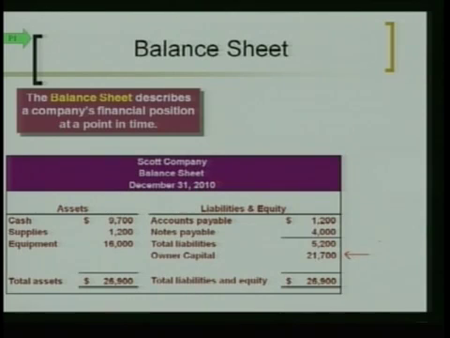All right? Now, make sure when you do your balance sheet, you need to put this total, but I also want you to label them. Okay? Don't just have 26.9 down there on the bottom line. I want you to say total assets, 26.9. And then on the other side, total liabilities and equity, 26.9. You with me?